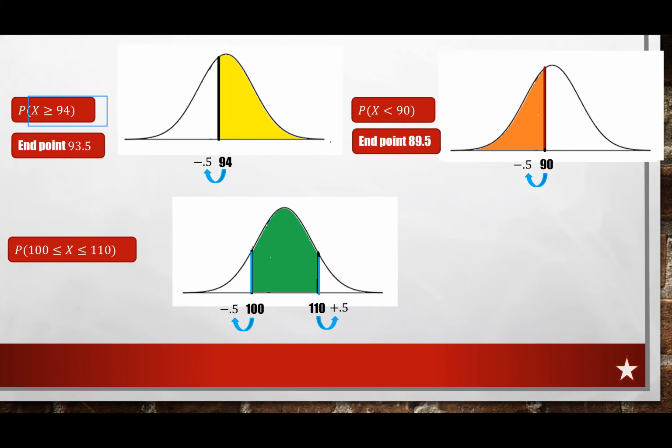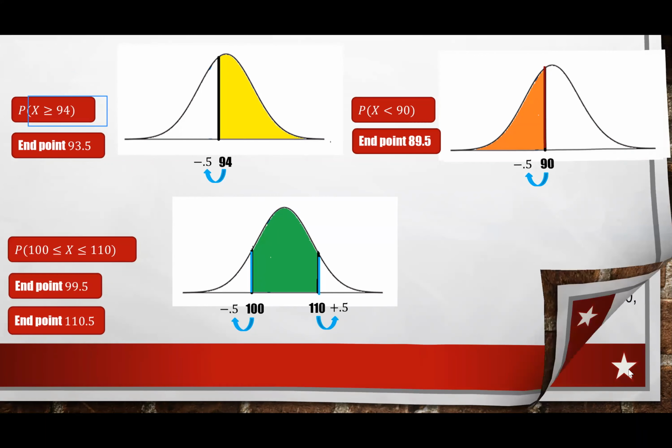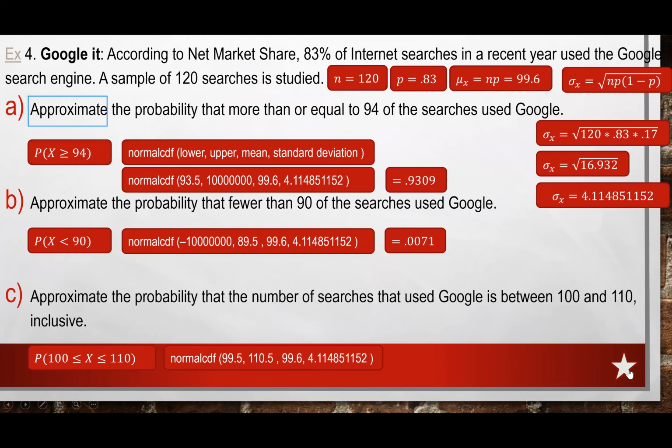So now I know my endpoint is 99.5 on the left side and 110.5 on the right side. Once I know the endpoints, all I need to do is put in my lower endpoint, my upper endpoint, my mean, and my standard deviation, and I should have the answer.